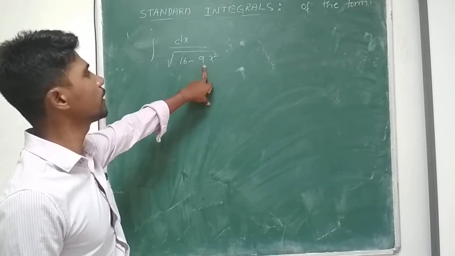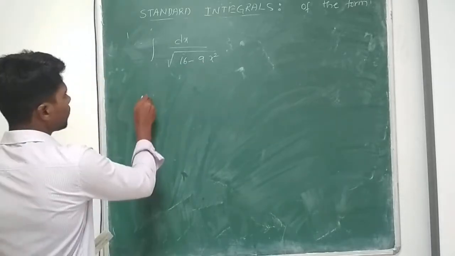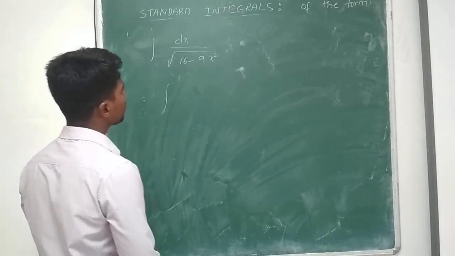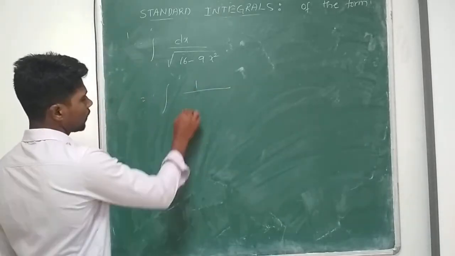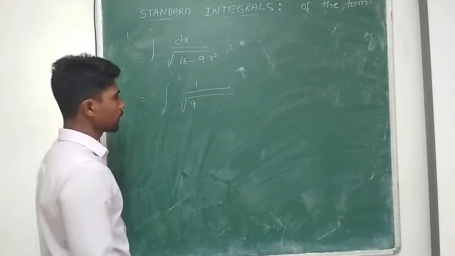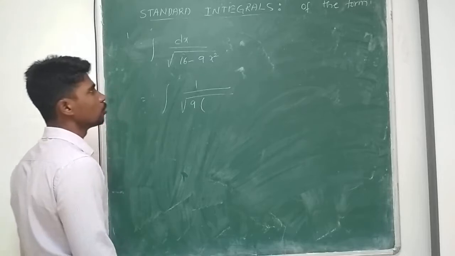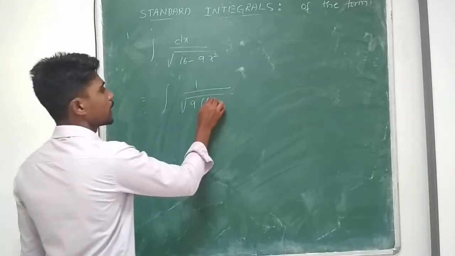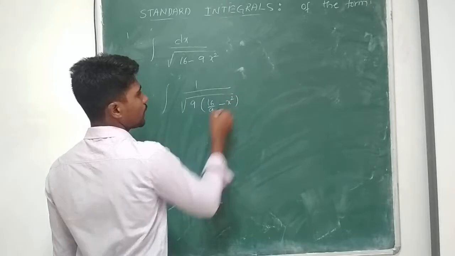So we can take 9 common here instead of taking 16. So it will be reduced to the form integral of 9 taken as common into, 16 is not a 9 multiple, so what should I do? Multiply and divide by 9. So I get here 16 by 9 minus x square.